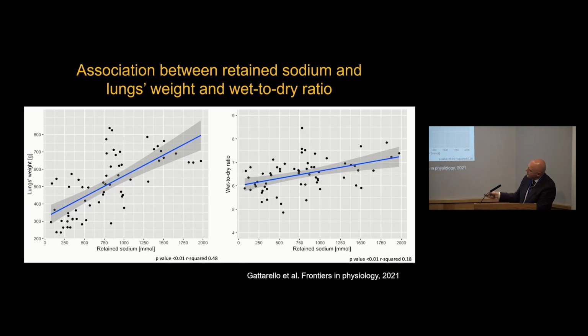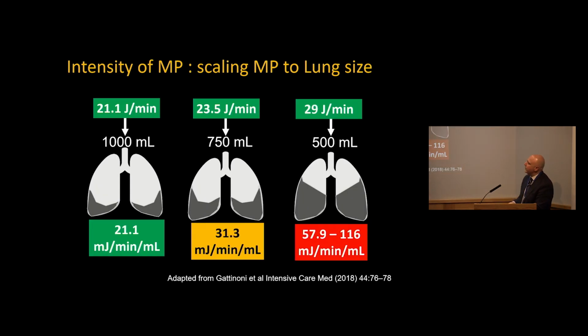Here the lung weight increases and the wet to dry ratio increases. One idea would be to think that the same mechanical power given to 3 different lungs might have different effects based on the size of the lung. So if you've got a big lung, you give a certain amount of power divided by 1 liter, you get 21.1 millijoules per minute per milliliter.